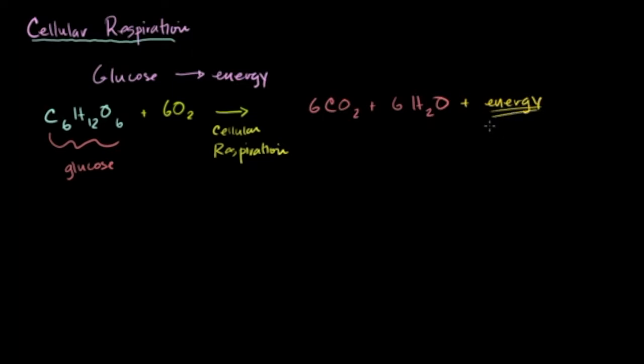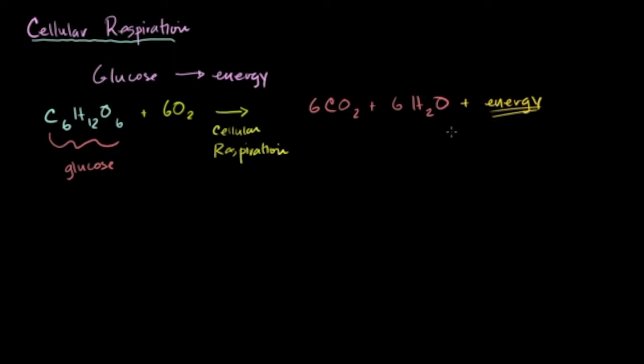This is the energy that can be used to do useful work, to heat our bodies, to provide electrical impulses in our brains, whatever energy, especially a human body needs, but it's not just humans. It's provided by this cellular respiration mechanism.